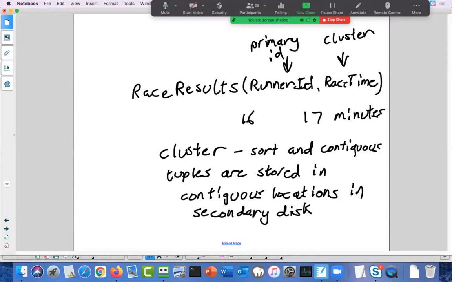Or if it's even, say, 200 tuples over 5 blocks, at least we only have to read 5 blocks, whereas otherwise, if they're scattered all over, with 200 tuples we might read 200 blocks. So yes, the blocks aren't stored contiguously, but at least within a block, you have contiguous tuples.